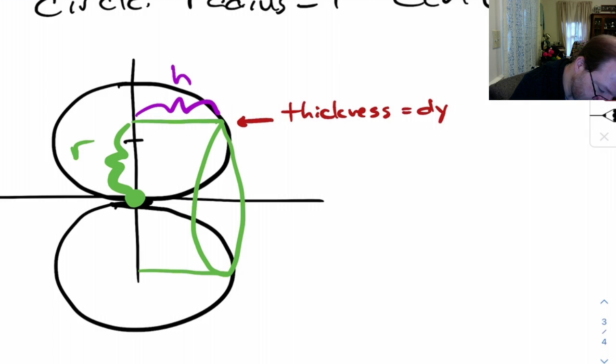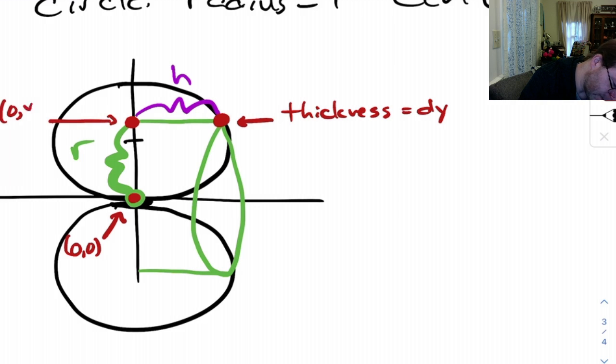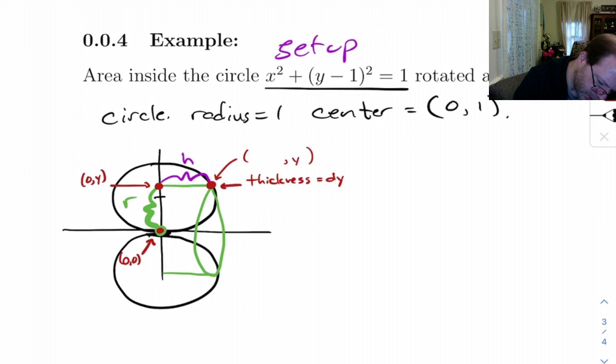So we need to label all these points, namely this point and this point, in terms of y. Okay, this one down here is easy enough. It's (0, 0). This point here, its x-coordinate is 0, its y-coordinate is y. This is the only one we really have to work out. Its y-coordinate is y. So what's its x-coordinate? Well, we've got to solve this up here for x.